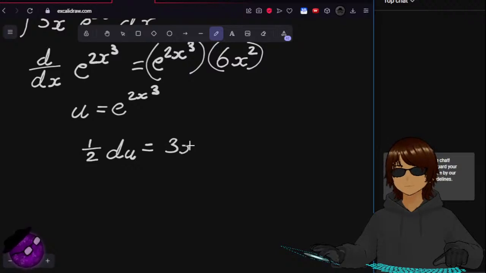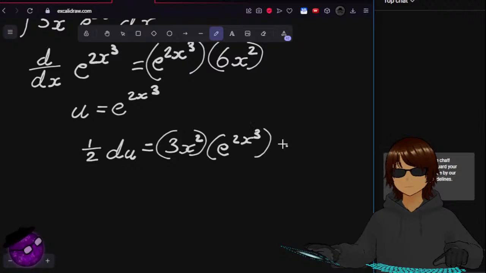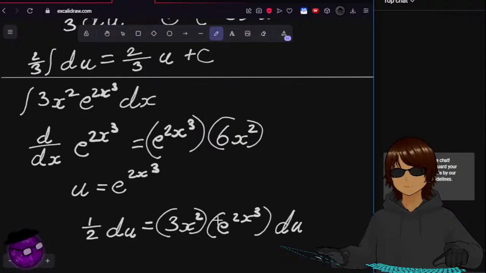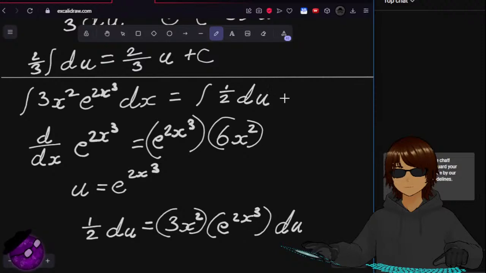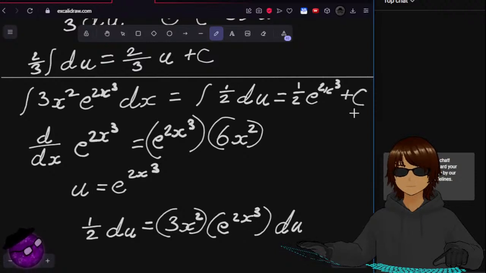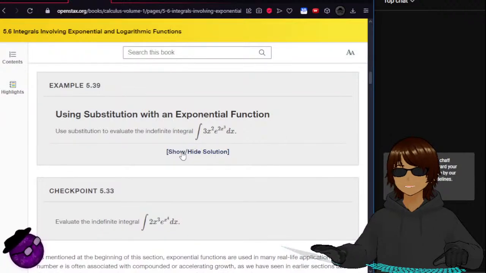Then this is basically like that. And then I get half times e to the power of 2x cubed plus c. Let's see if I got my answer right.